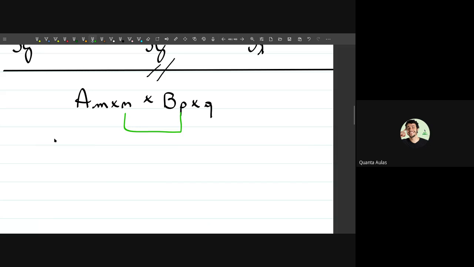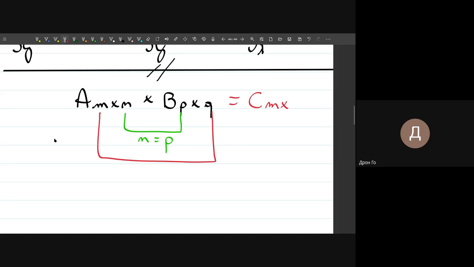If it's not equal, you cannot do the multiplication. This is a rule. If this is true, the answer matrix will be of size M by Q, because the M lines and the Q rows, okay? So we have that situation.